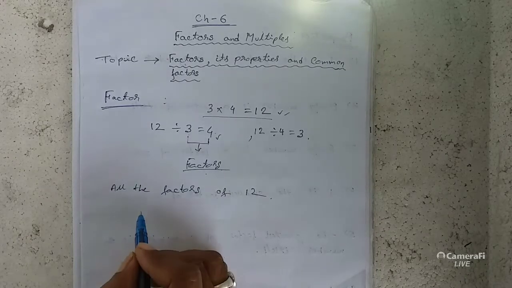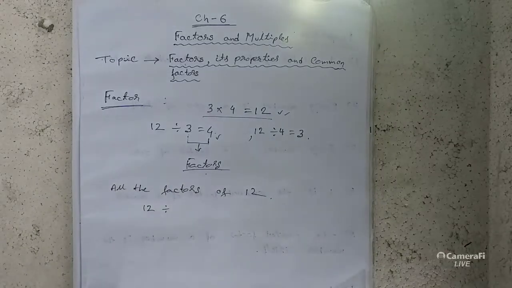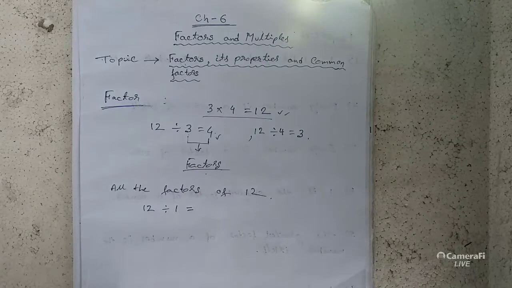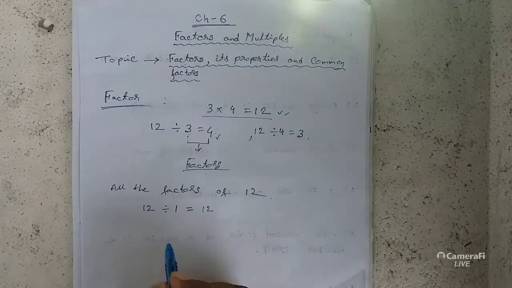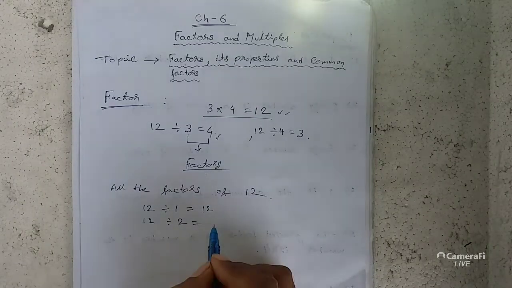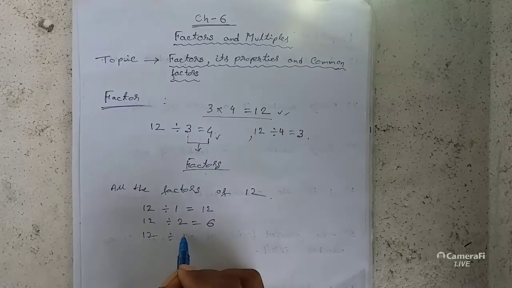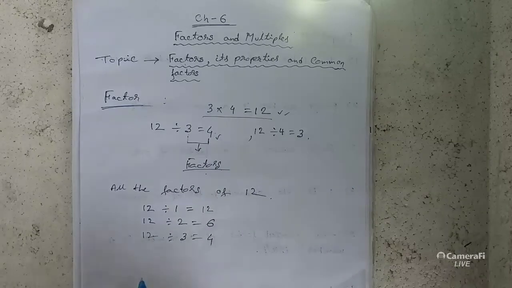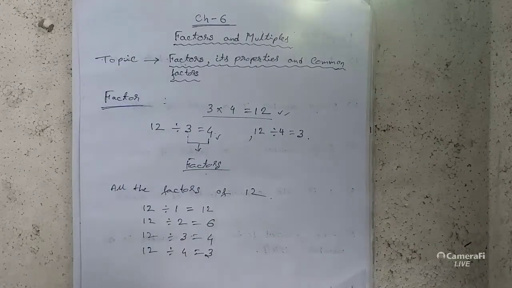So we will start from the initial number 1. 1 can divide 12 and the result, that is the quotient, we get 12. Also 12 is divisible by 2, result is 6. 12 is divisible by 3, result is 4. Also 12 is divisible by 4, result is 3.